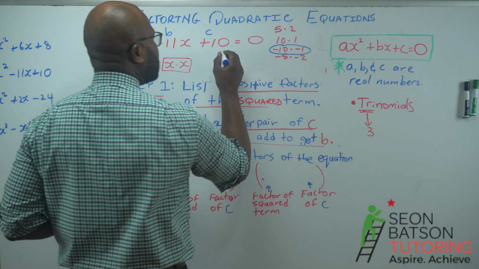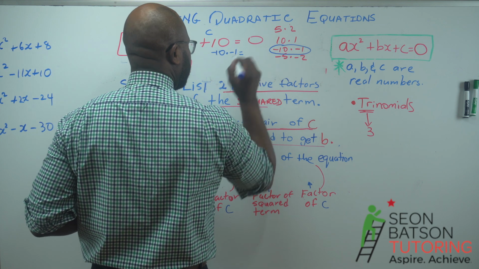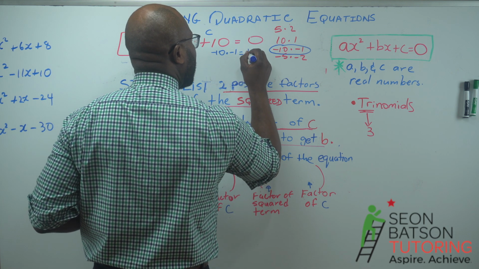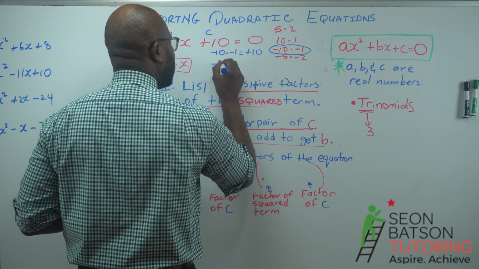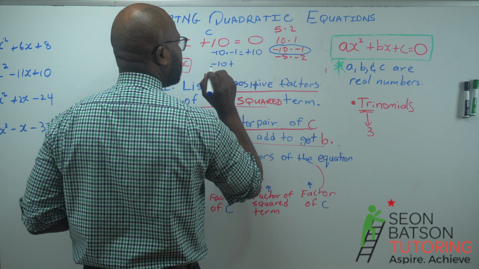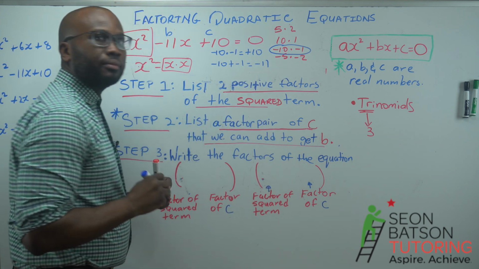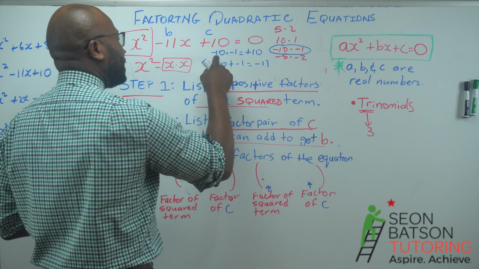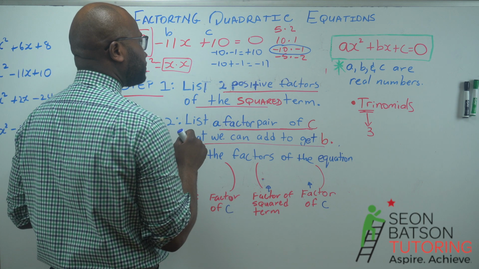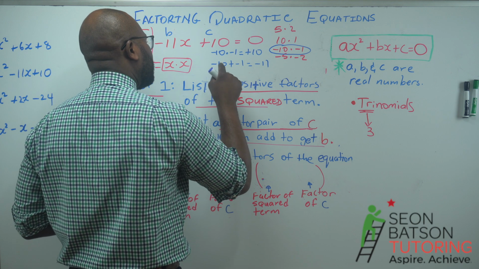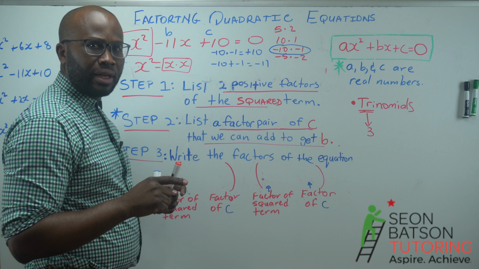Yes, because negative 10 times negative 1 gives us positive 10, and negative 10 plus negative 1 gives us negative 11. Yeah, I'll say it again. Negative 10 times negative 1 will give us positive 10, and negative 10 plus negative 1 will give us negative 11.